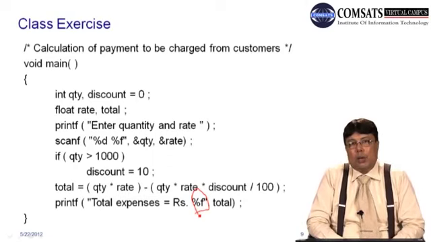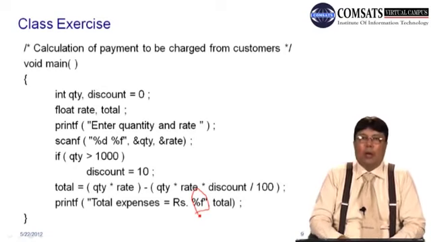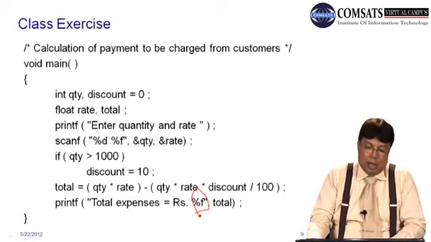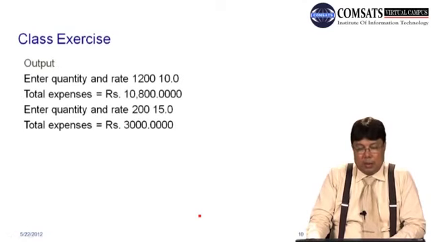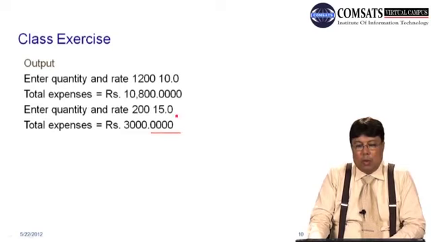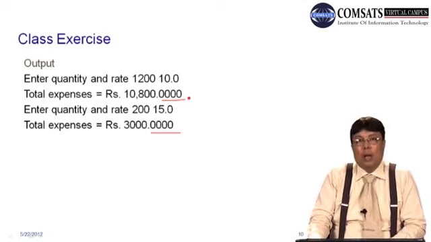We can use 0.2f, then it will only print 2 digits after the decimal. But if you don't use this, then by default it will print 4 or maybe 6 digits after the decimal place. So it's up to you. Since the price should not have more than 2 digits, it doesn't look nice, so you should use the format specifier accordingly.